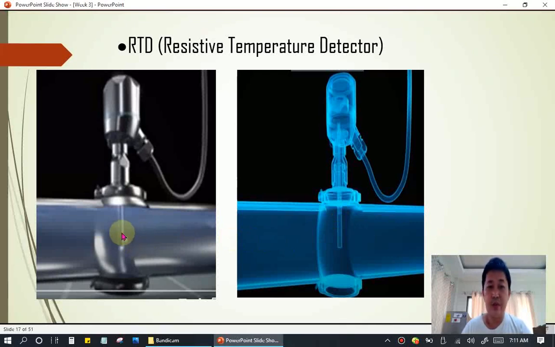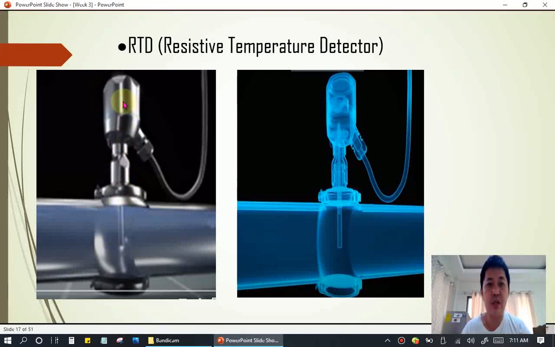and when the cover of the sensor is heated, it is detected by the element inside, which is the sensor, and it sends the signal through the transmitter going to the controller.